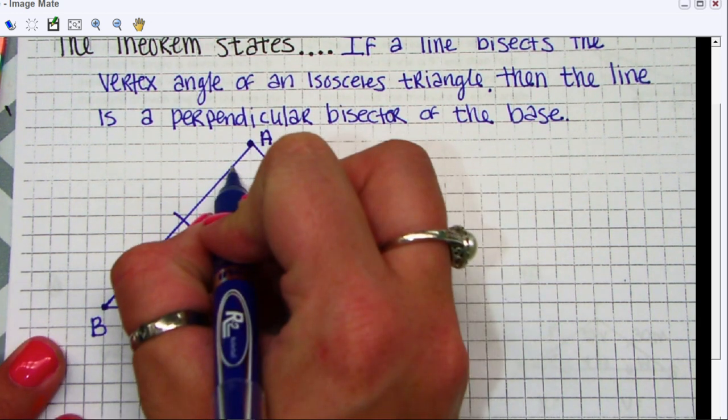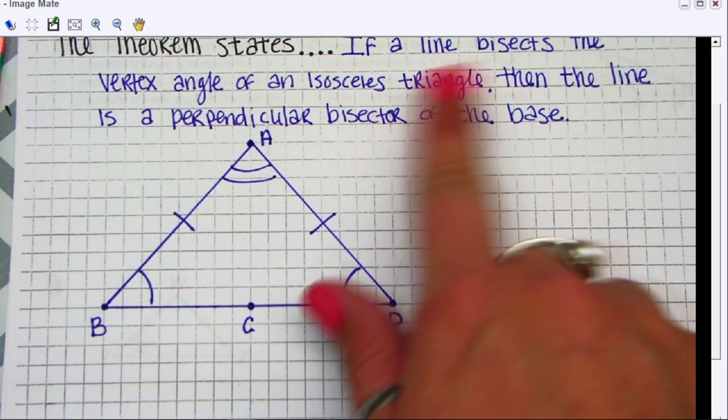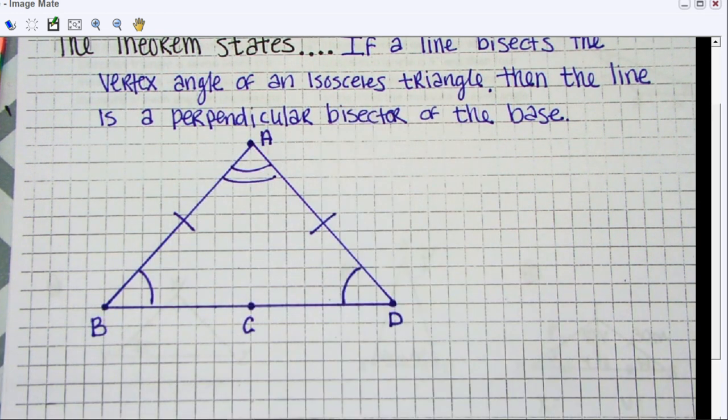All right. So this first theorem says if a line bisects the vertex angle. So what does bisect mean? If I was to bisect a segment or an angle, what do I do to that? Good. Tabby says half. Okay.